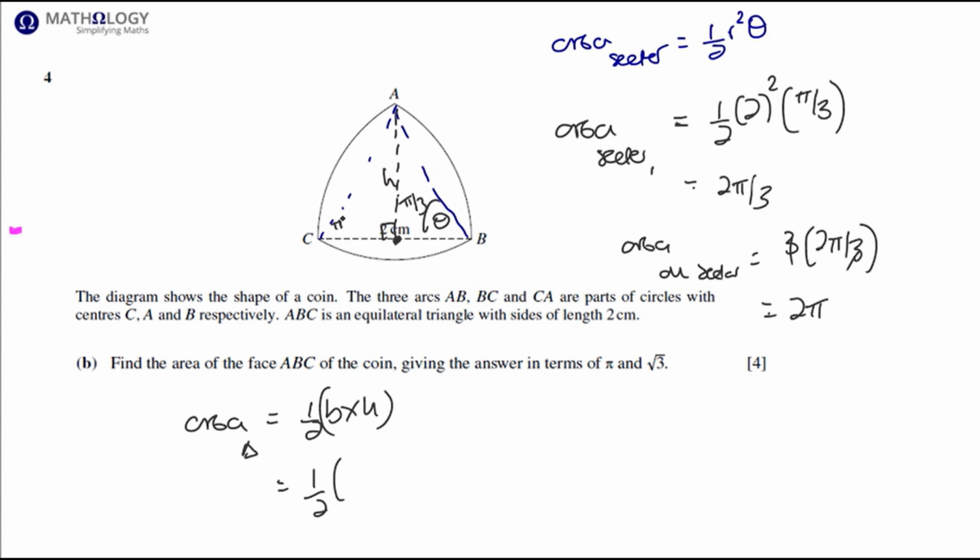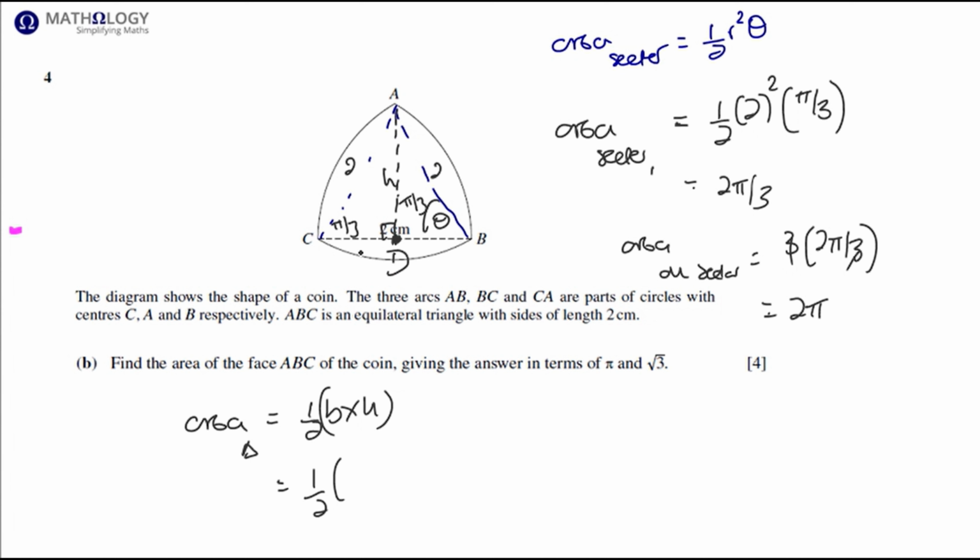Each of these angles is pi by 3, and AC or AB, whichever right angle triangle we're going to work in, has a length of 2. So let's just call the point at the bottom of that height D.